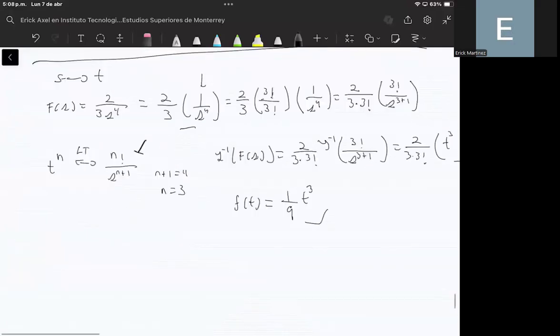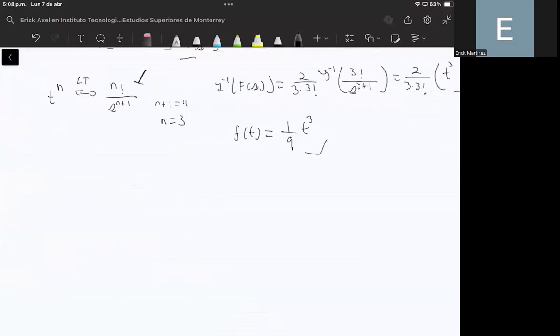Okay, let's make another example. Now imagine that we have the following function. f of s is equal to 1 over 3 minus 4 times s plus 3 minus 2 times s divided by s squared plus 49.